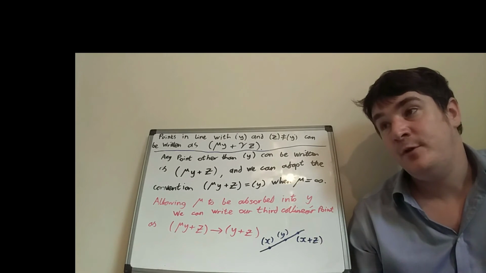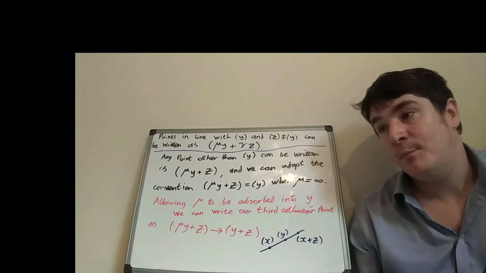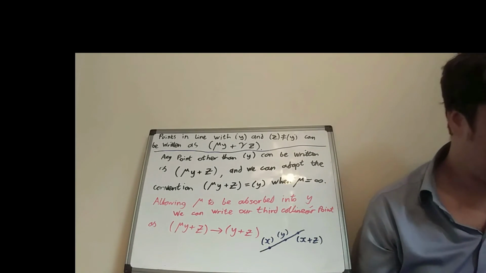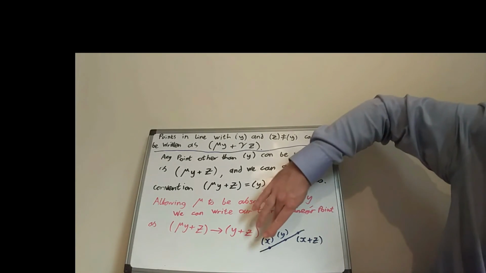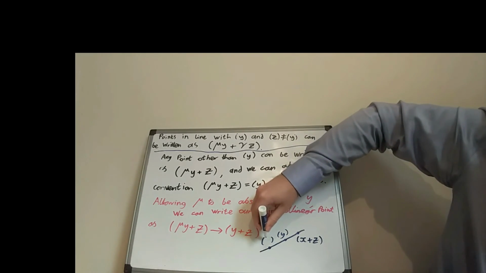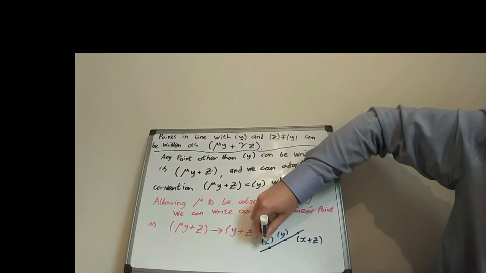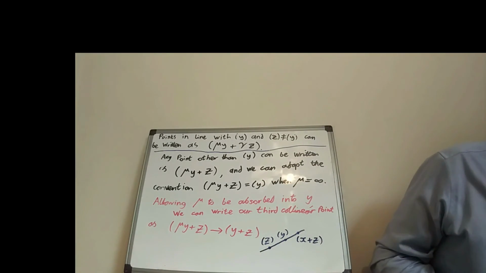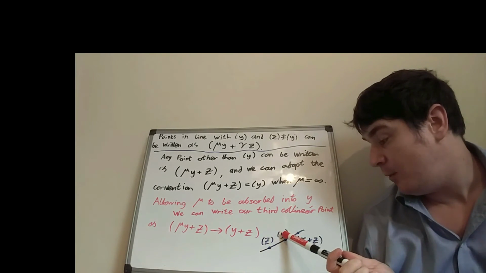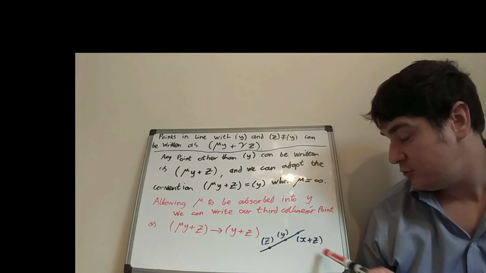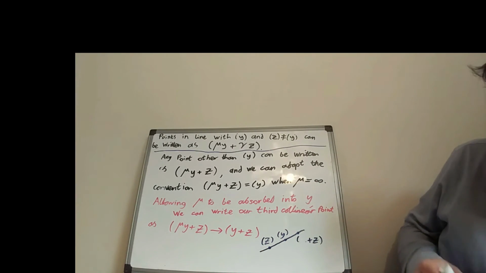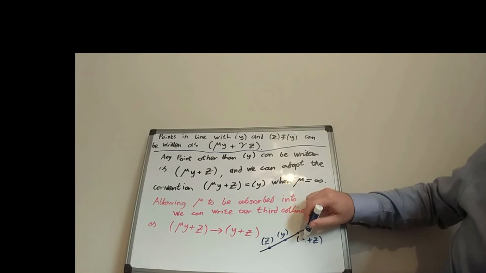And so you can just do this once for any particular point on the line other than y and z. This is a mistake here, that ought to be a z. For any particular point on the line other than y and z, we can write that third point as y plus z.